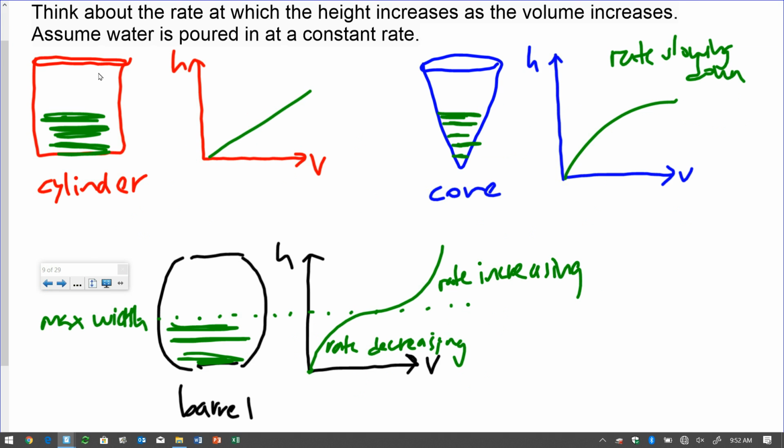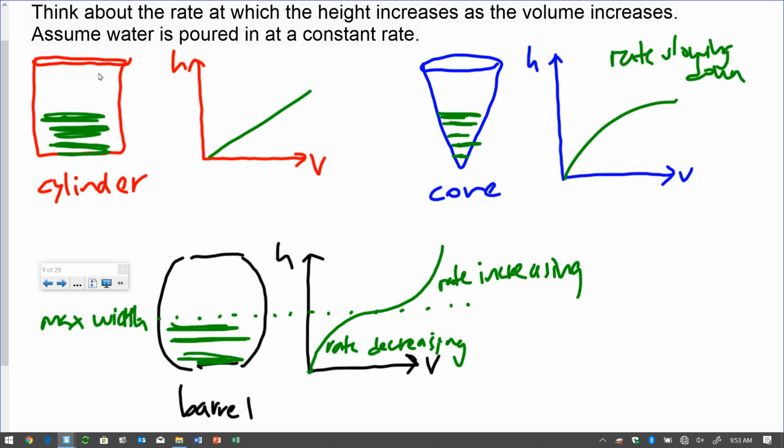I'm pretty sure it's multiple choice for your test too. They're going to graph H versus V, and what they'll say is, as volume increases, as there's more and more volume, which is really the same thing as time increasing. Sometimes you'll see H versus time. Graph the height as volume increases, or graph the height as time increases.